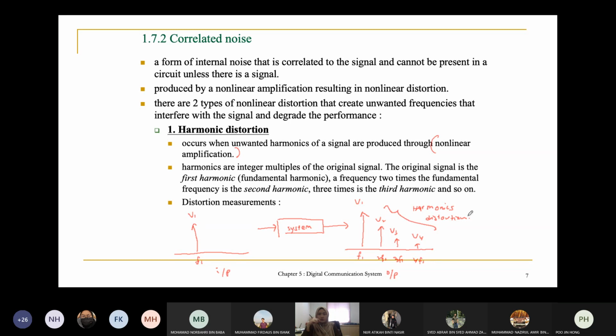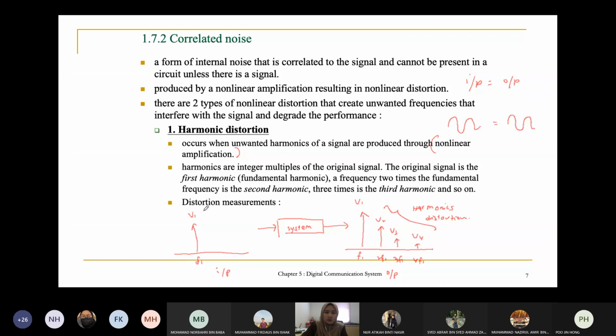I hope that you know that for a good system, your input must be equal to the output. For a good system, if at the input you have a sine wave, for example, your output must have exactly the same signal. This is a system without any noise.